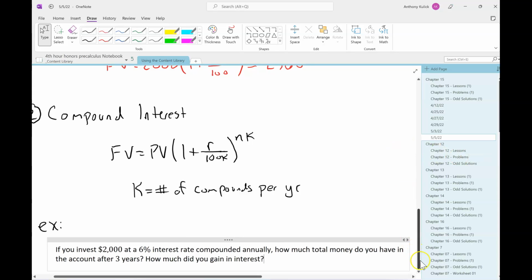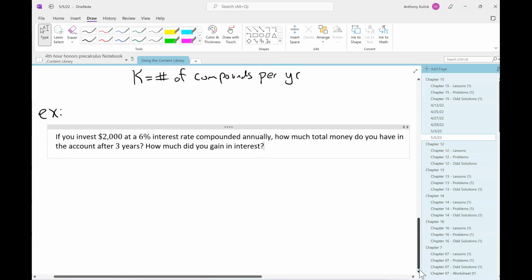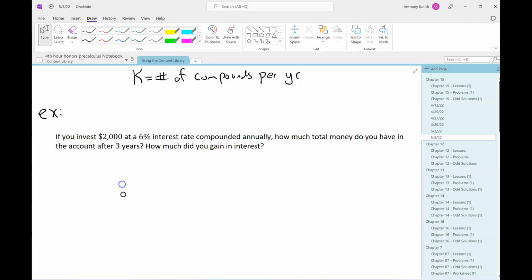Let's do an example. If you invest $2,000 at a 6% interest rate compounded annually, how much money do you have in the account after 3 years? And then how much did you gain in interest? Now, this reads almost identical to the previous question, right? There are two words, importantly, that are differing: compounded annually.